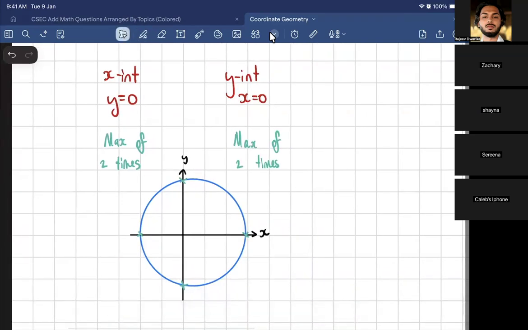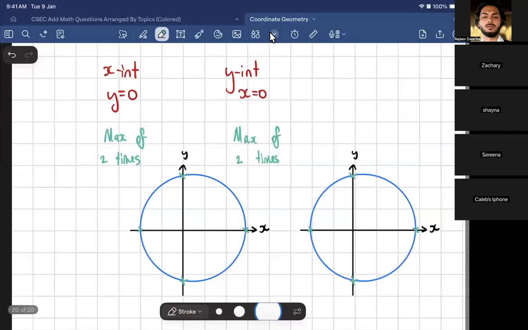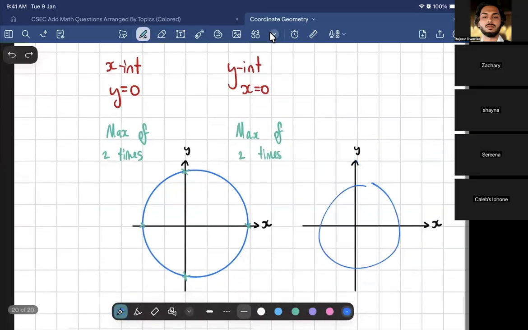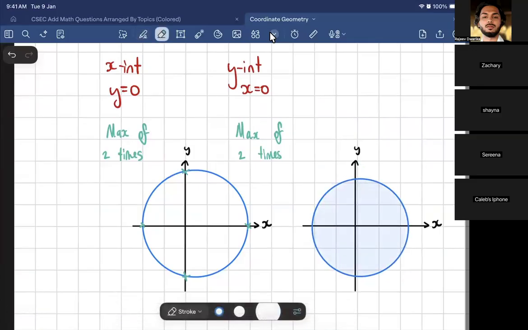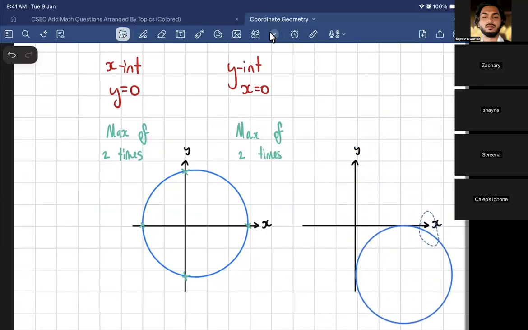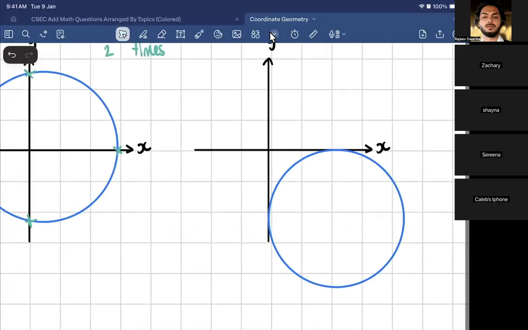Let me look at an alternative example. Check this. In this example, how many x-intercepts do you have?